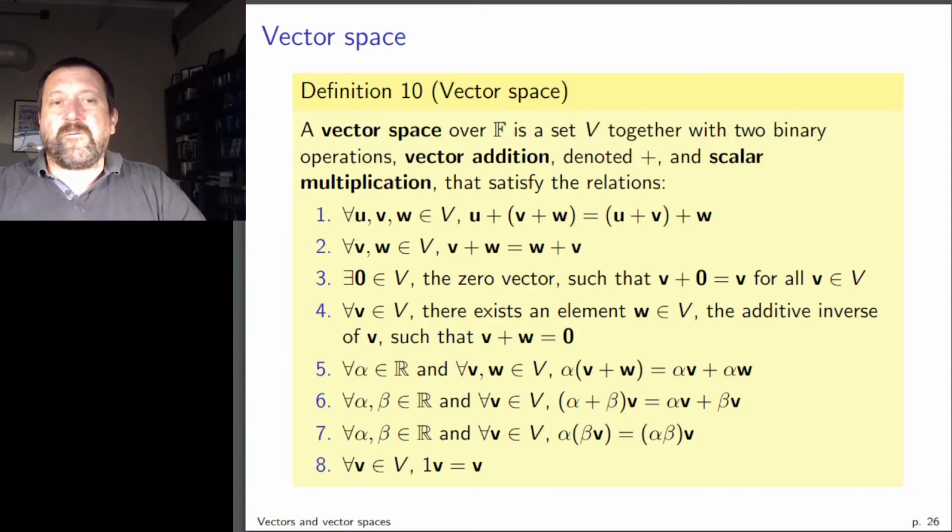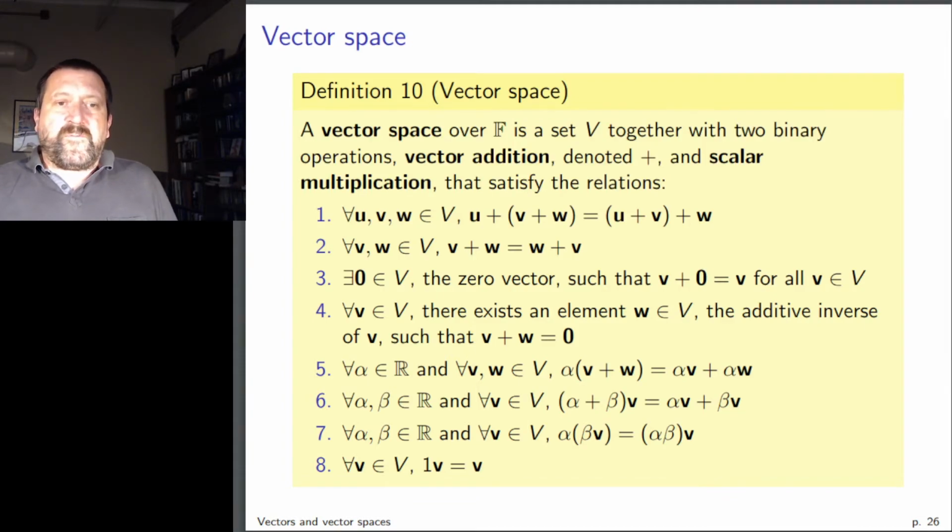One is called vector addition, and typically we denote it plus, and the other one is scalar multiplication, which is typically denoted either with a small dot, or with nothing. And for V to be a vector space, elements in V, together with these two operations, need to satisfy those 8 properties that you see here.